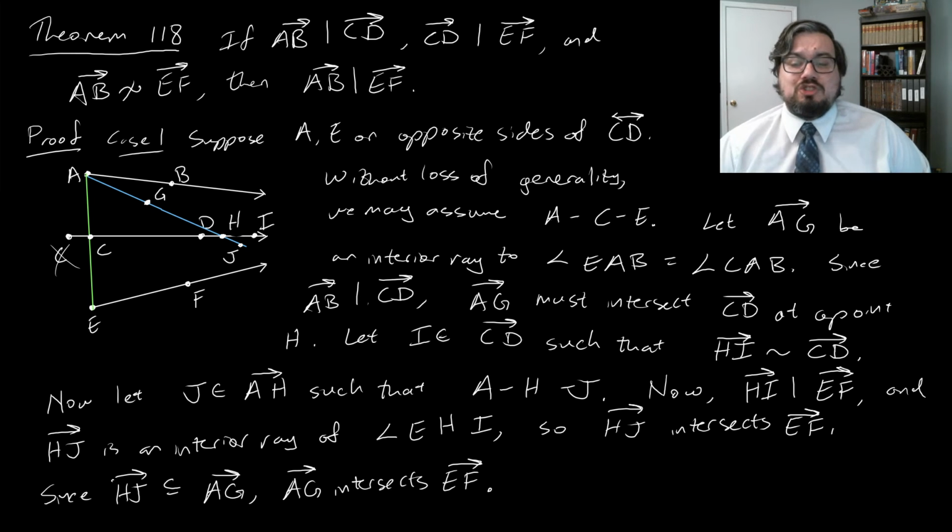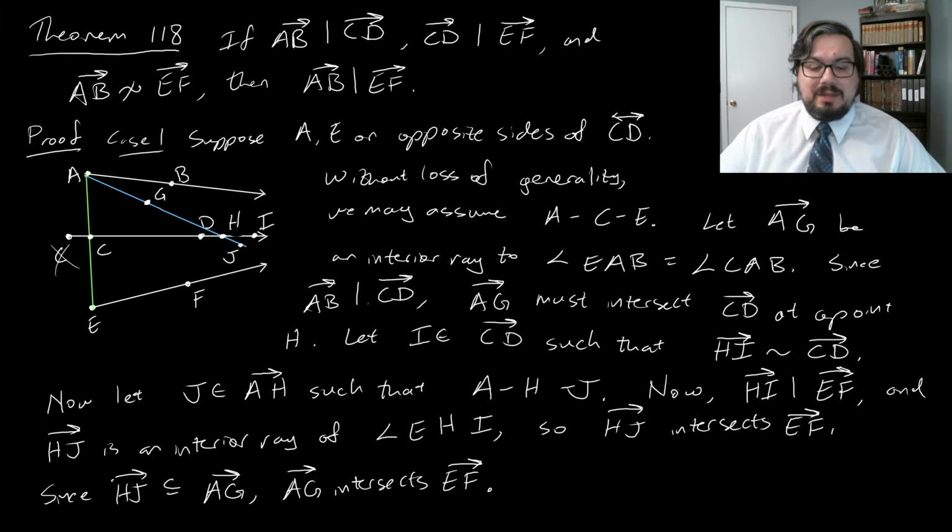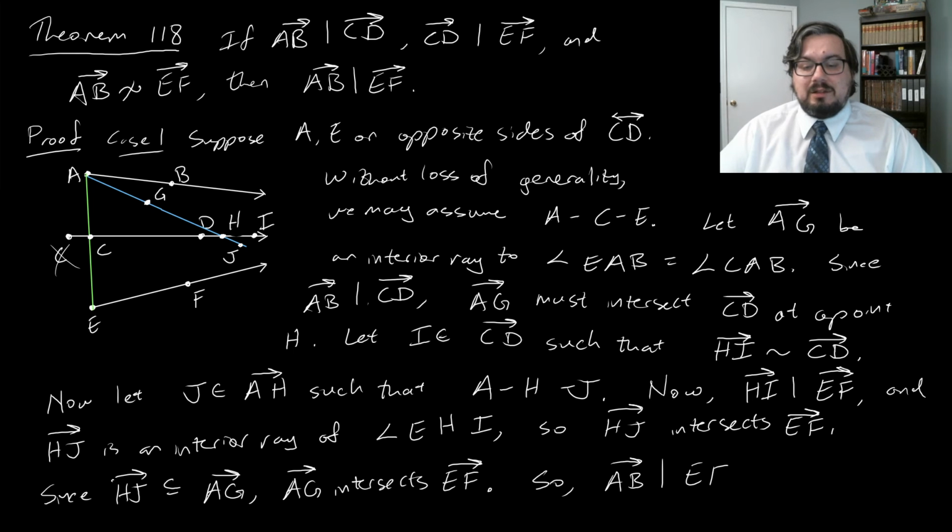Because AG was any interior ray to the initial angle EAB, this shows that the ray AB is critically parallel to the ray EF. So we have a certain transitivity of critically parallel rays, the way that we do for parallel lines in Euclidean geometry under the parallel postulate.